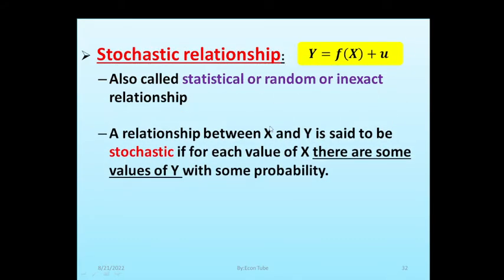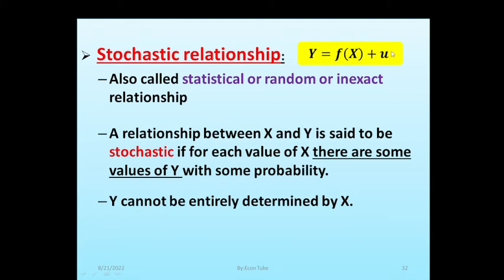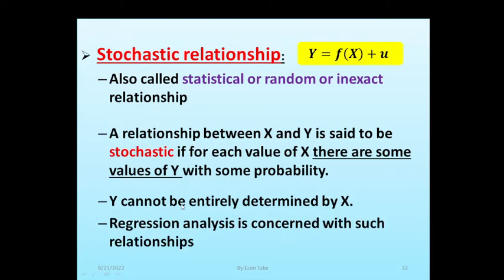The relationship between x and y is said to be stochastic if for each value of x there are some values of y with some probability. Y cannot be entirely determined by x. Maybe there is another variable, handled by u, which determines y as well. So regression analysis is concerned with such relationships.